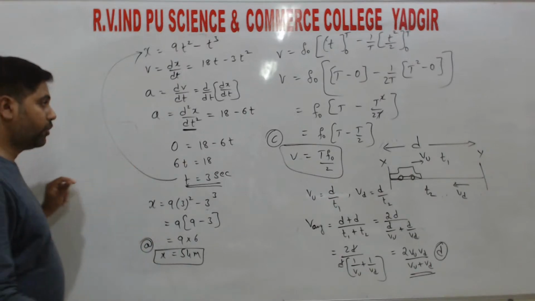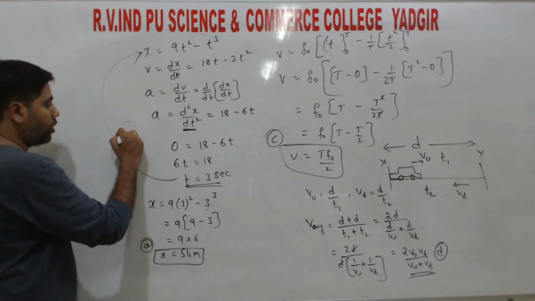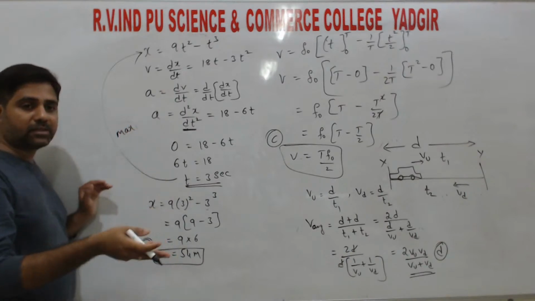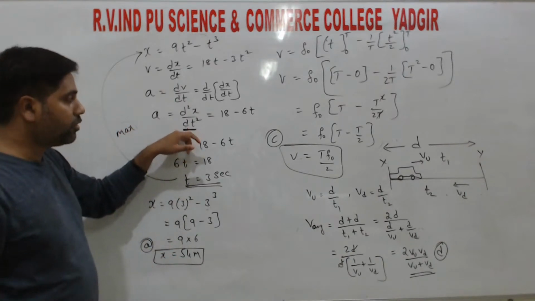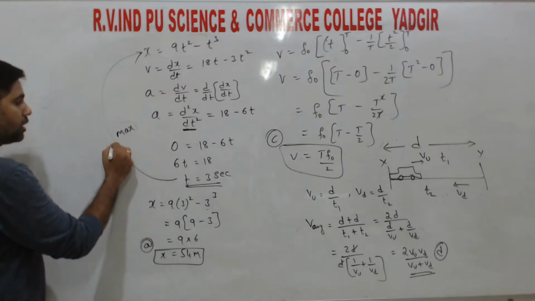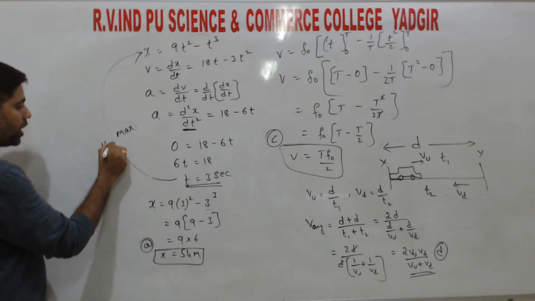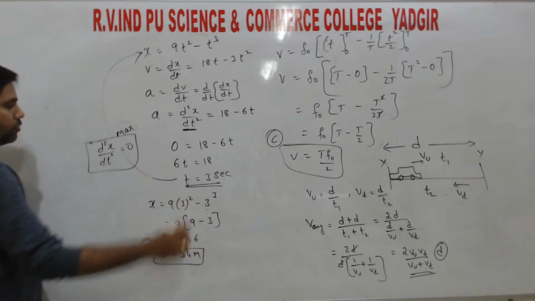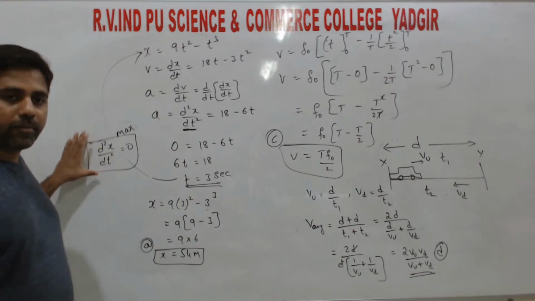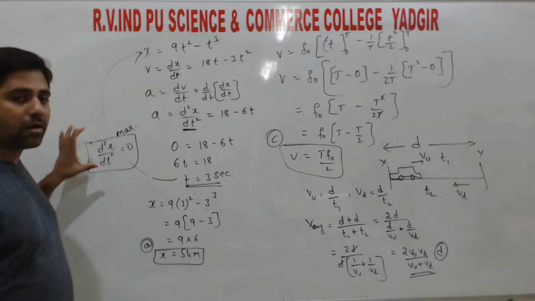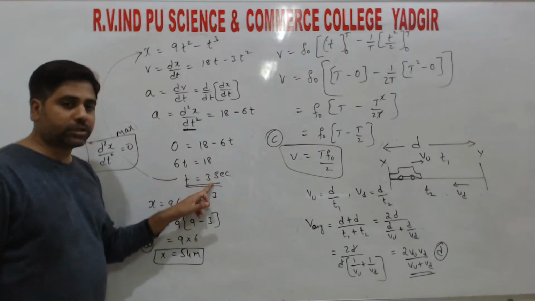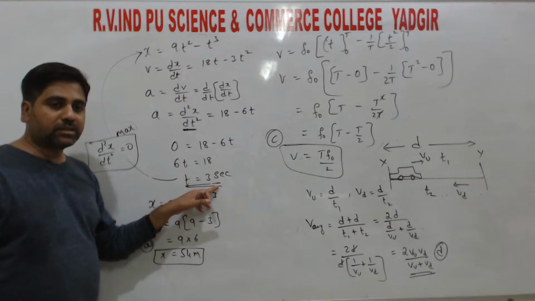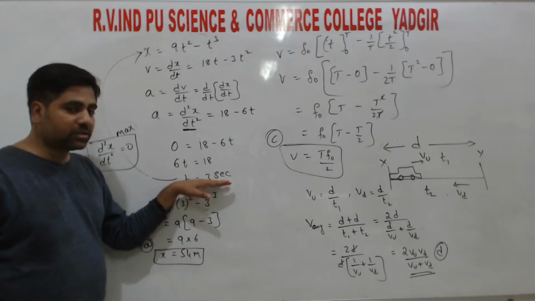So we need to remember this for finding either maxima or minima. To find the maxima or minima, the condition is d square x by dt square equals 0, right? Here, if the value is positive, it means the maximum value, and negative means the minimum value.